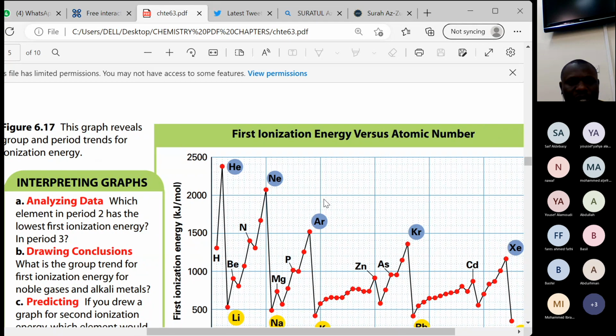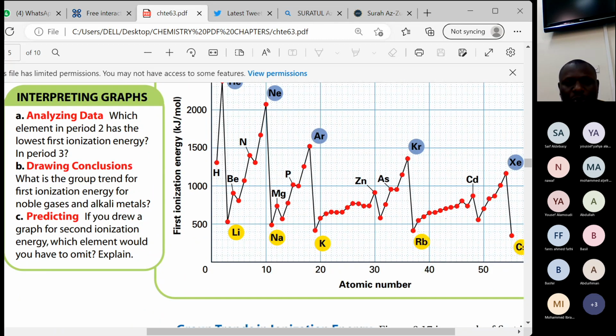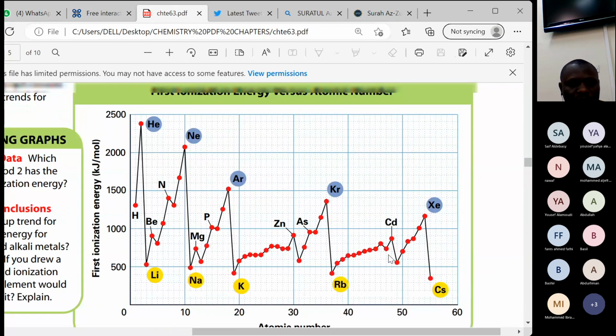First ionization energy versus atomic number. As you move down the group from the diagram, you say, helium is on top, followed by neon, argon, krypton, and xenon in the noble gases.